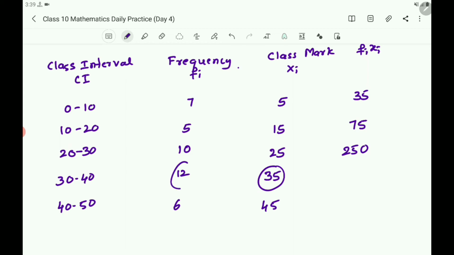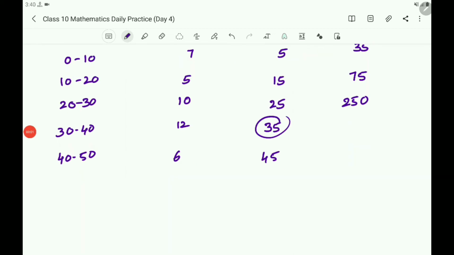And 35 into 12. 12 5s are 60. 12 3s are 36 plus 6 is 42. So write here 420.